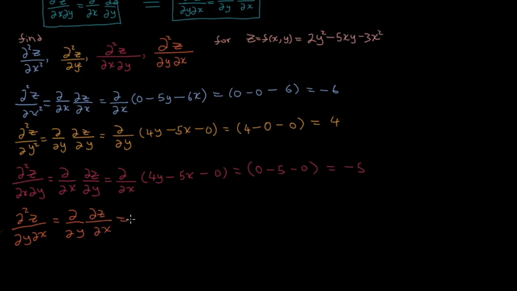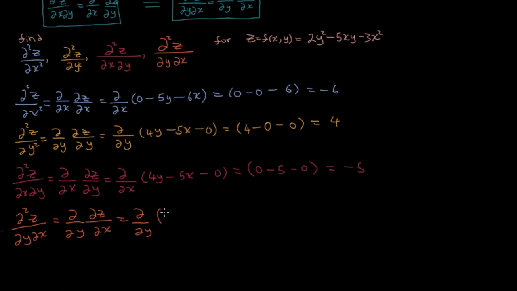And so what would that look like? Well, I'm going to differentiate with respect to x first. We're going to take the partial derivative of z with respect to x first.